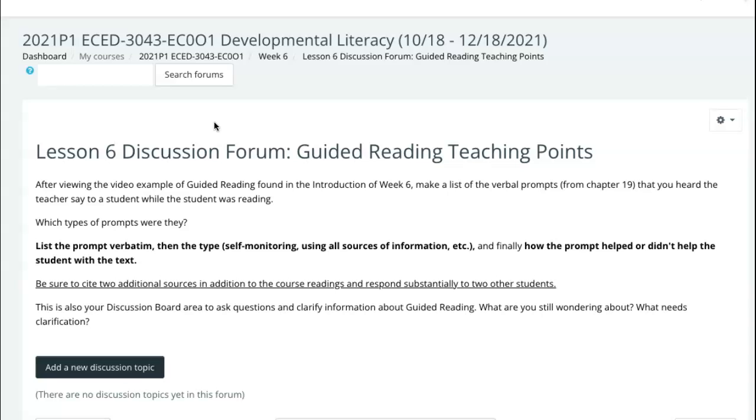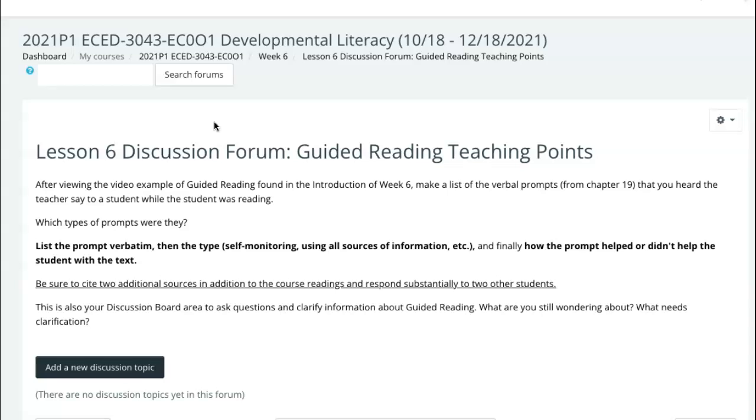Was it monitoring and self-correcting? Was it for solving words? Was it for maintaining fluency? So you'll need to list what type of prompt it was. You're going to list the prompt verbatim, then the type, and finally how the prompt helped or didn't help the student with the text.